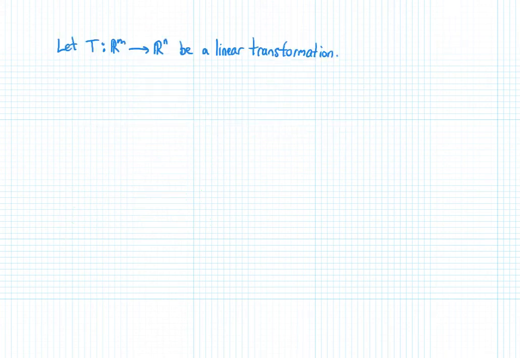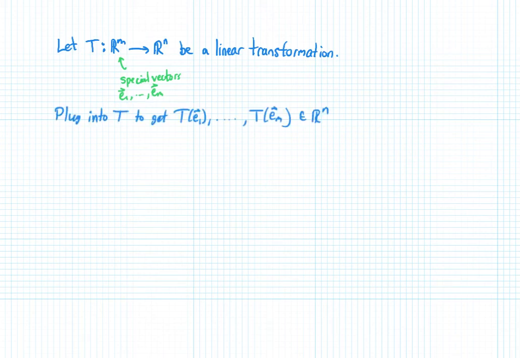Okay, so now, let's suppose we have a linear transformation, T, from Rm to Rn. In this case, the domain of T is m-dimensional, so the special vectors that are there are E1 to Em, the m-dimensional special vectors. So I could plug these special vectors into T, and then I get T of E1, T of E2, and so on. And these are all vectors in the image of T, so that's n-dimensional vectors.